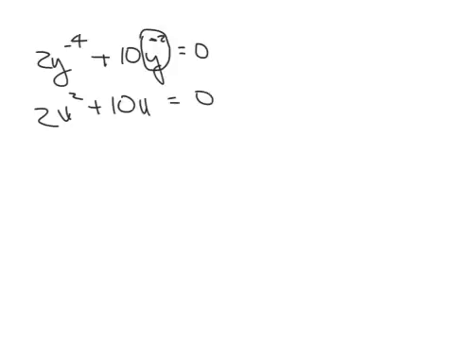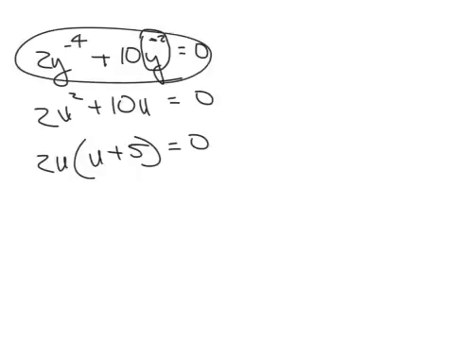Then you can factor out a 2 and a u, and you're left with u plus 5, and then you can solve it from there. Don't get caught up with what kind of weird things are going on. I don't think I'm assigning any like that, but they're not as scary as they appear.